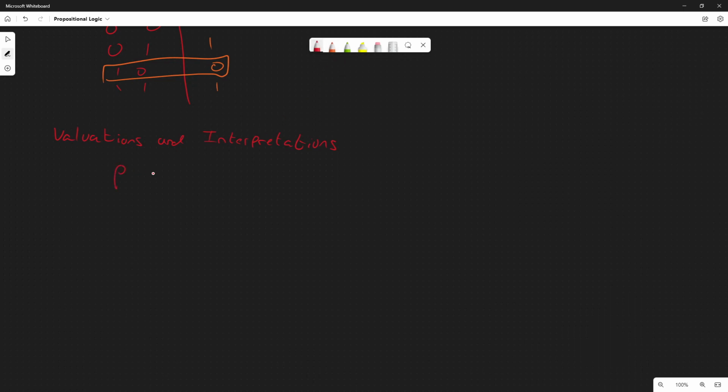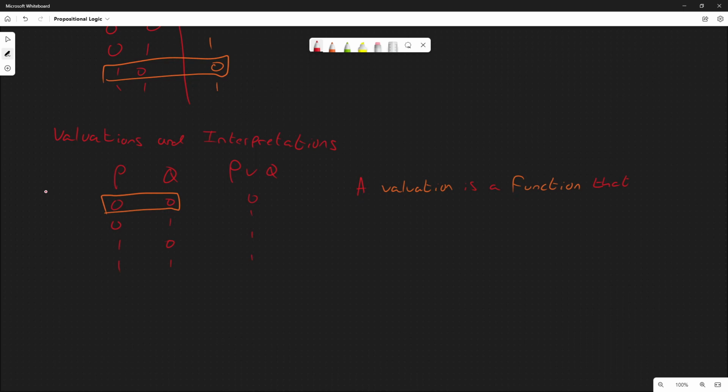So I'm going to quickly write up the truth table for, let's say, OR, so P or Q. Now, a valuation is a function which corresponds to our inputs. For every row in our truth table for our two atomics, we have some function which, given those, will give out the values they have.